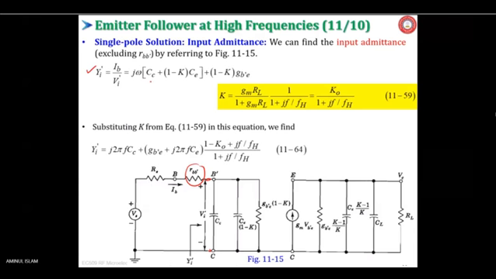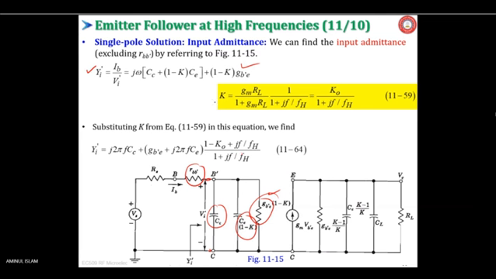j omega CC plus (1 minus K) CE plus (1 minus K) CV. These all are conductances, because it is 1 upon RB there.